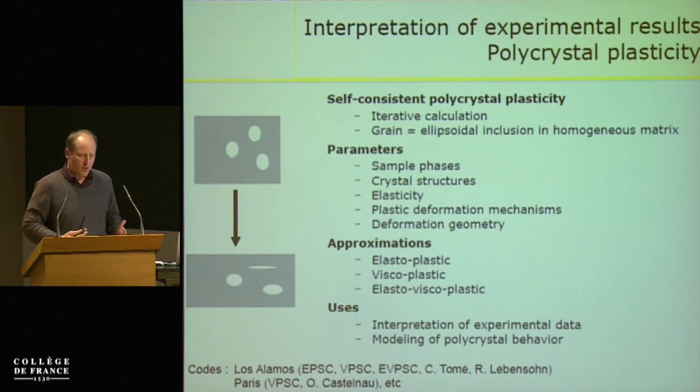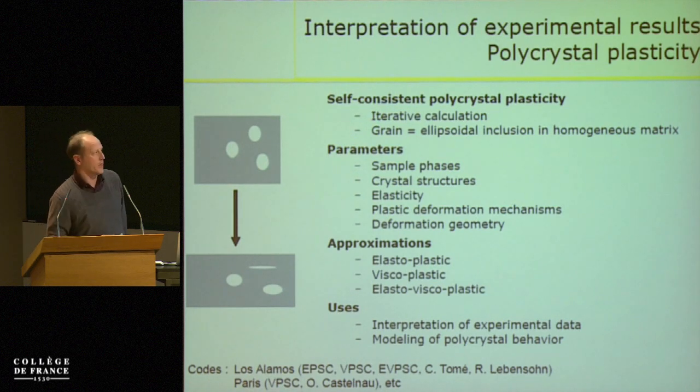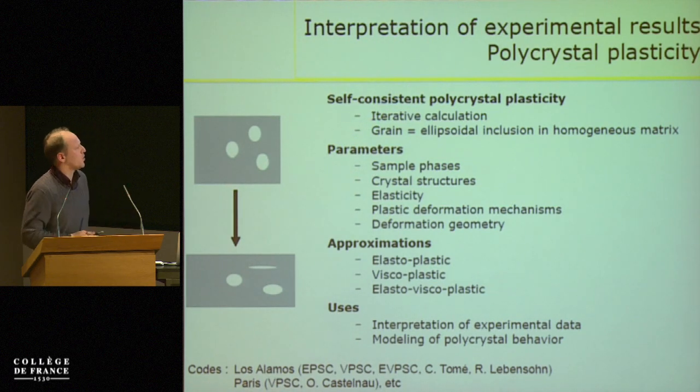When you have these measurements, the key is how you analyze them. We fought for a while with that, and now I think we have a pretty good solution: we go through a set of self-consistent polycrystal plasticity calculations. We really cannot do simple averages, so we go through this process of iterative calculation with some hypotheses.